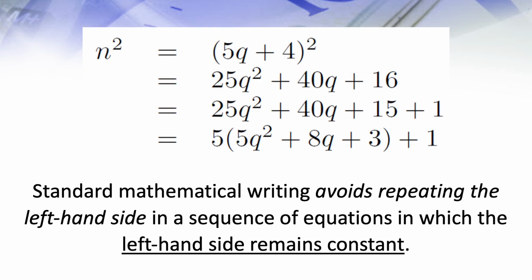So, ilagay na lang sa left side yung isang n squared. So, kung ano man yung sinusolve natin on the right side, naglalagay na lang tayo ng equal sign. Then, pagdating sa dulo, pwede na lang ulitin din yung n squared. No? So, pero hindi na natin kailangan ulit-ulitin pang isulat yung previous na natin, n squared.